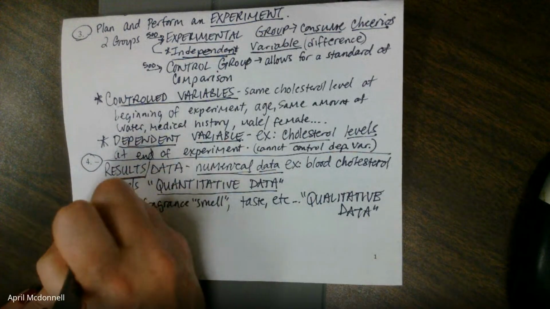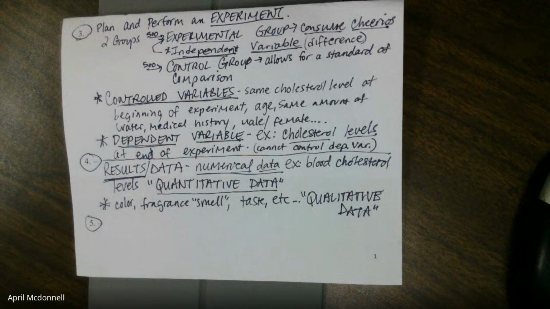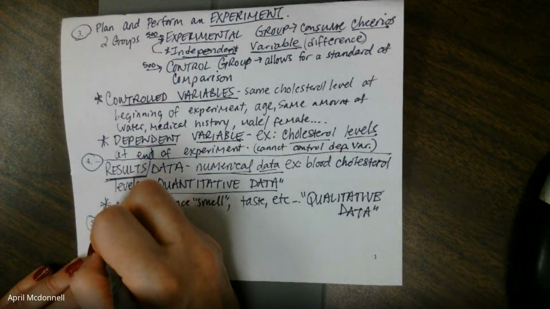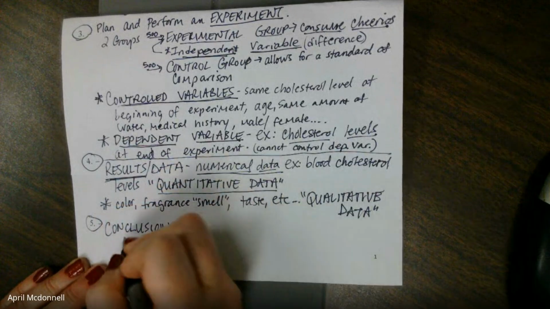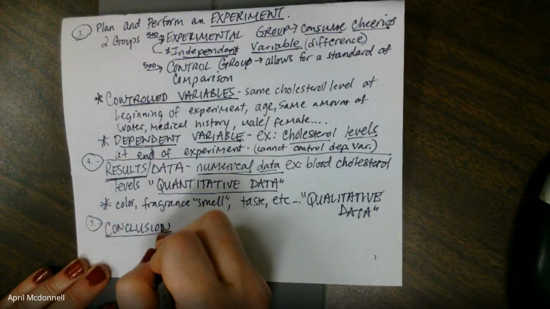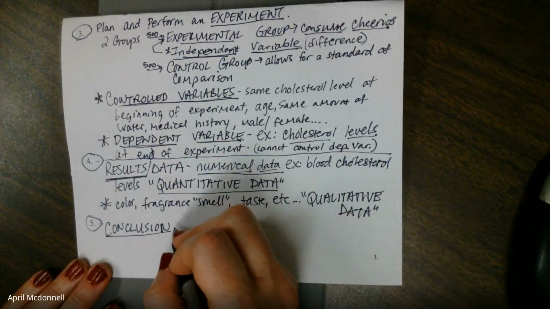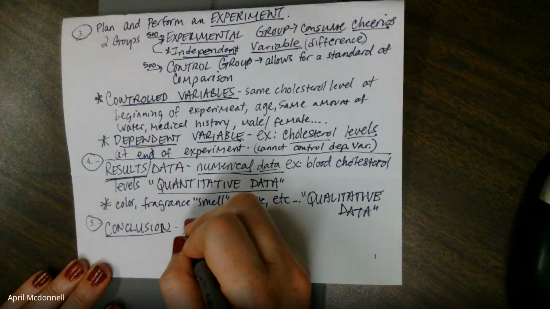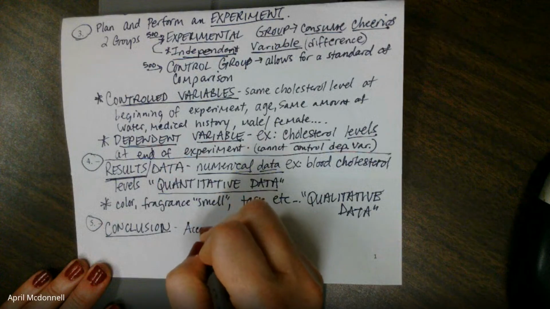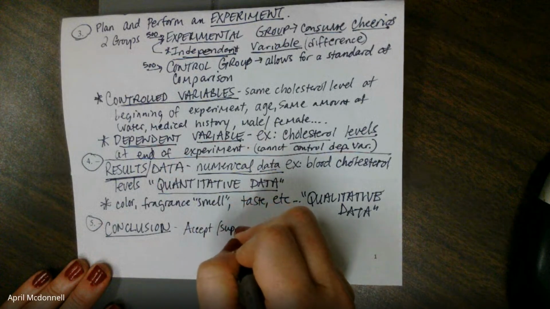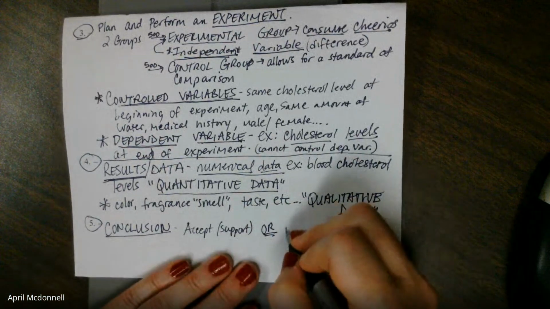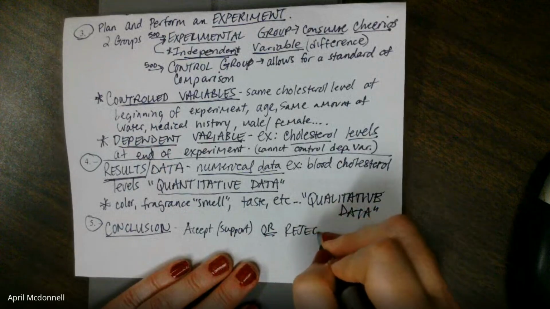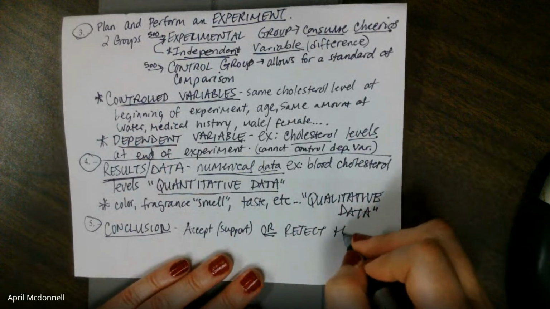So the last step of the scientific method is going to be forming the conclusion. Within the conclusion, you're going to either accept, which we can also call support, or reject the original hypothesis.